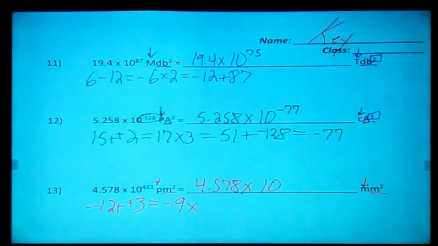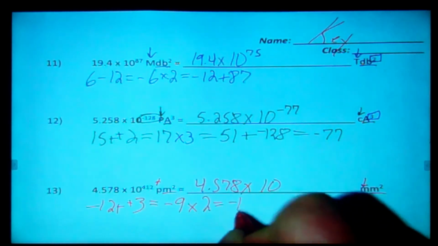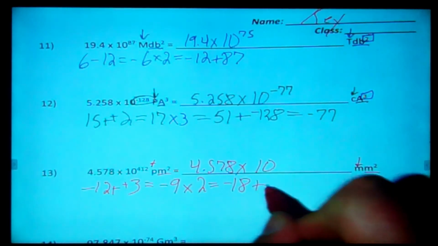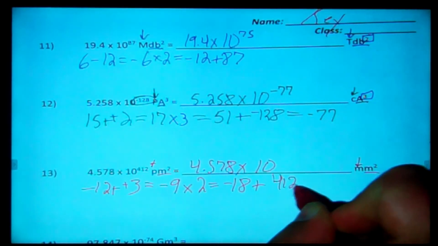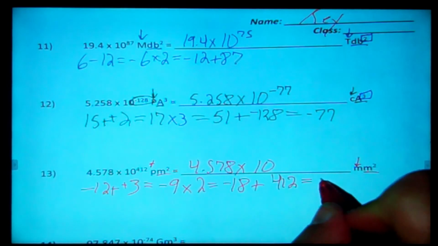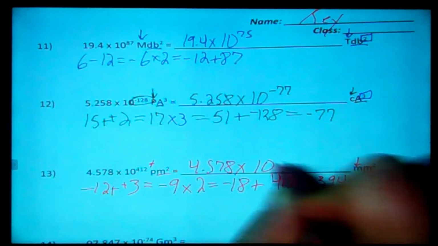I'm going to multiply by the 2, give me negative 18. If I'm going too fast, it's a video. Stop it. Run it back. Then I want to add to that 412. I'm just following those steps that I went over and we've been using the whole time. You should be able to roll through these now.